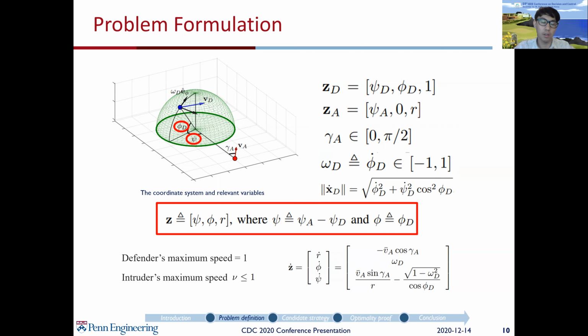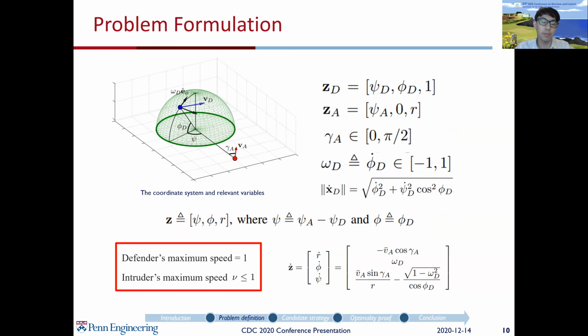And for the state, we are interested in z, which we define as (psi, phi, r), where psi is the difference between psi of the intruder and defender, and phi is the phi_D, because the intruder is on the ground plane.